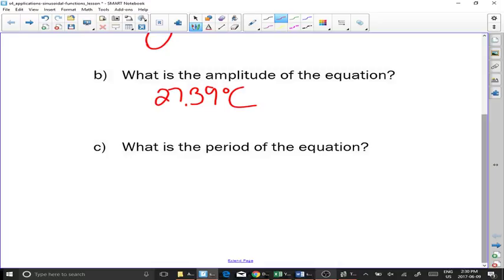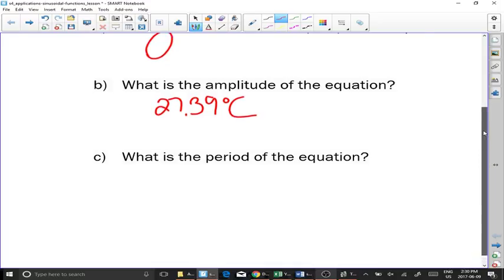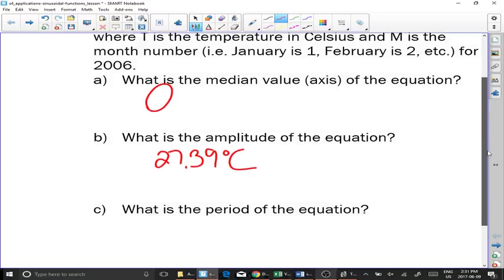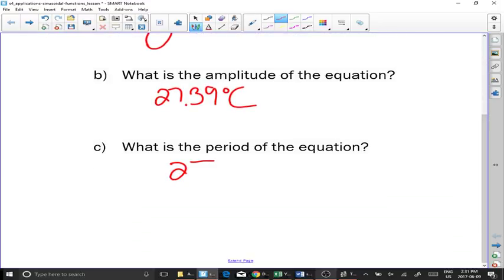What's that? Nope. Good try. How do we find the period? Two pi divided by b, and in this case b is 0.54.